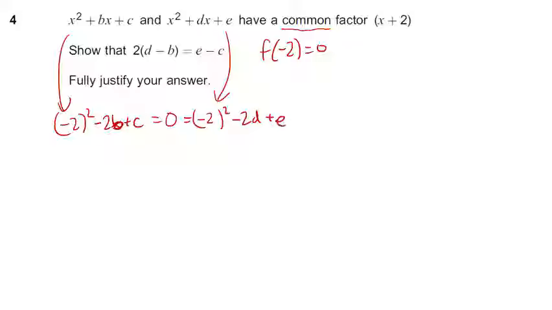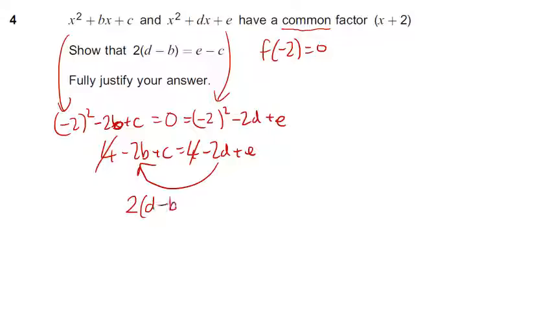So we can get rid of the 0 and just make the two expressions equal to each other. So we've got 4 minus 2b plus c equals 4 minus 2d plus e. The 4's cancel on each side. If we bring the 2d across, then we get 2 into d minus b, and move the c across to the other side, is equal to e minus c, which is what we're after.